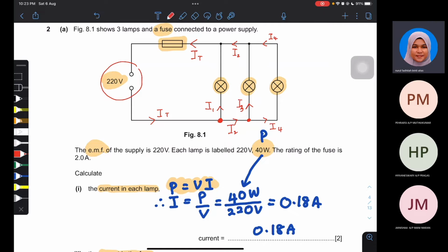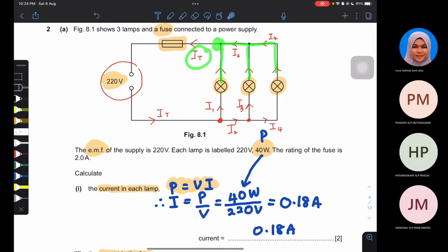So katalah sini I1, sini pun sama nilai dengan I1, sini pun sama dengan nilai I1. Alright? So keep that in mind. Ada soalan tak? Jadi sini current dia sama dengan sini, sama dengan sini.